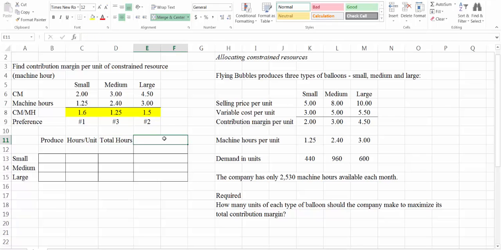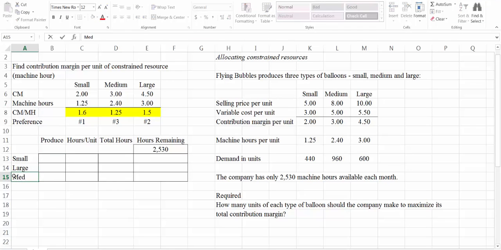And then finally, how many hours we have remaining to allocate to the least profitable products. When we start, we have 2,530 hours. I did these wrong. We need to do large second. I'm sorry. Let's put large second and then medium last, because that's what we decided. We're going to put these in the order of preference. So small is our number one, then large, then medium.